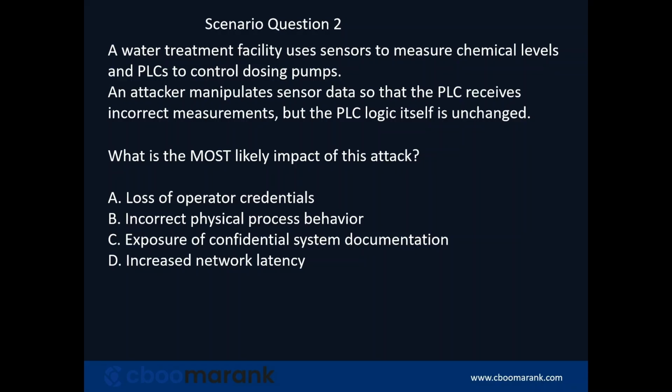An attacker manipulates sensor data so that the PLC receives incorrect measurements, but the PLC logic itself is unchanged. What is the most likely impact of this attack? A. Loss of operator credentials. B. Incorrect physical process behavior. C. Exposure of confidential system documentation. D. Increased network latency.